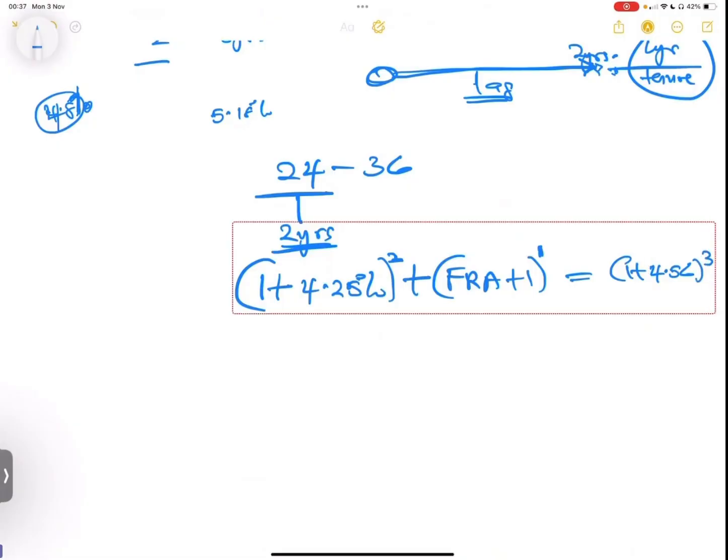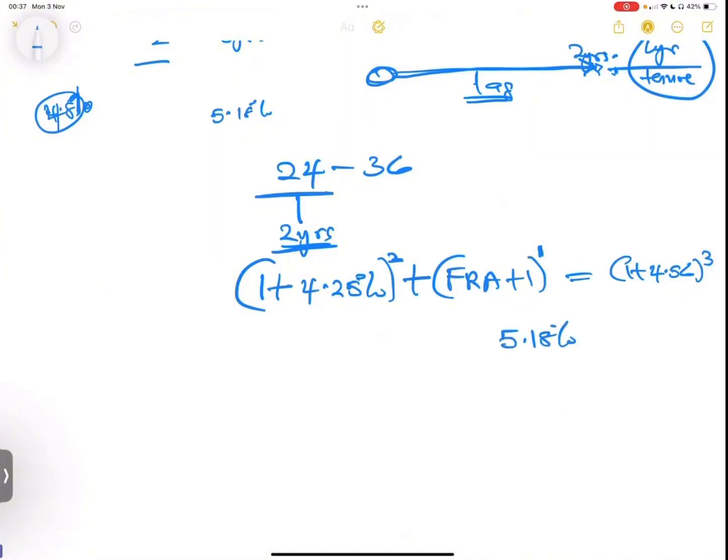And that's all you're trying to solve. If you solve that equation quickly using your calculator, that should give you 5.18%. That is 5.2 that you have.